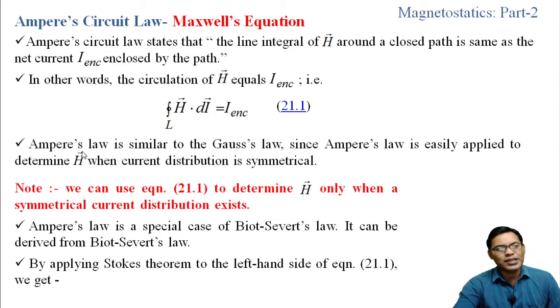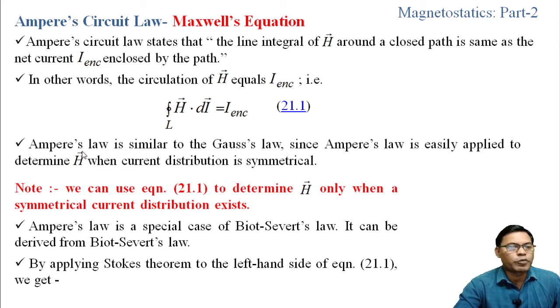And this Ampere's circuit law is similar to the Gauss law, because Ampere's law can be easily applied to determine H, that is the magnetic field intensity, when the current distribution is symmetric. So, Ampere's circuit law is applicable only if the current distribution is symmetric.